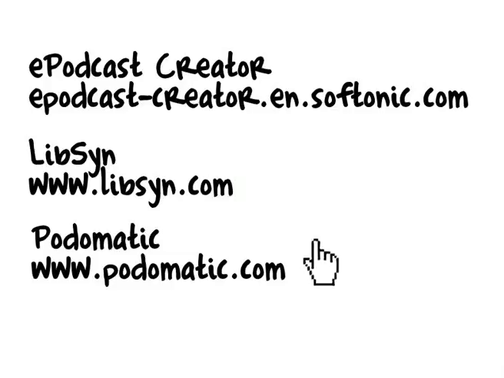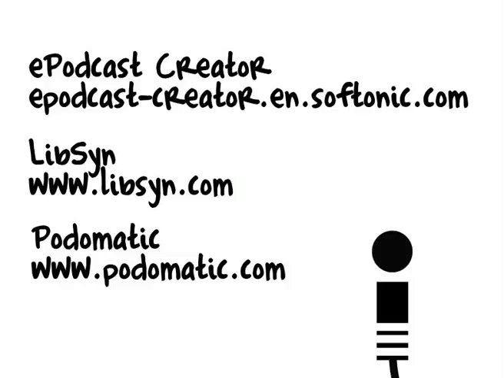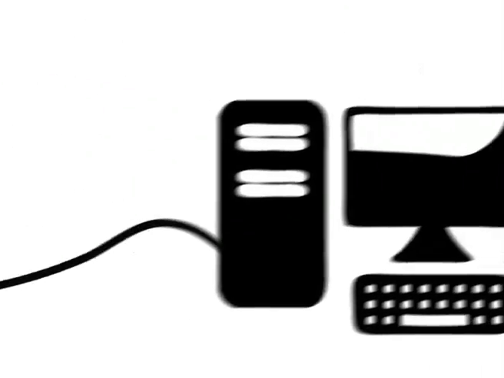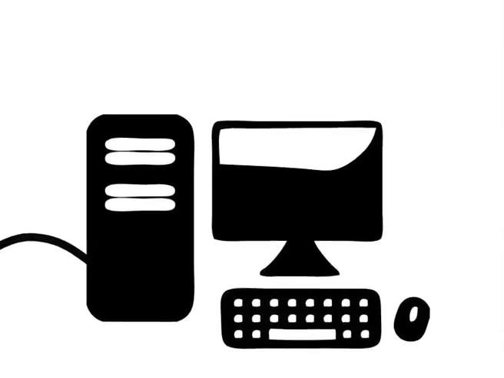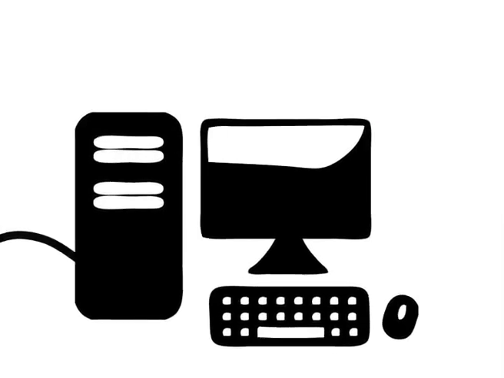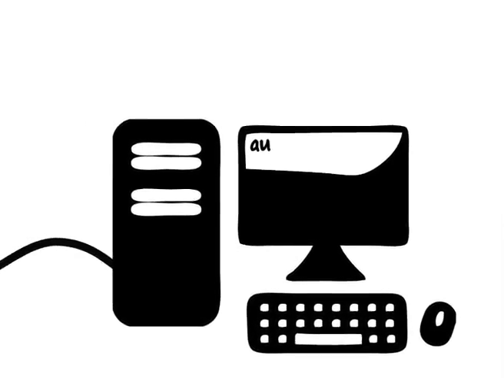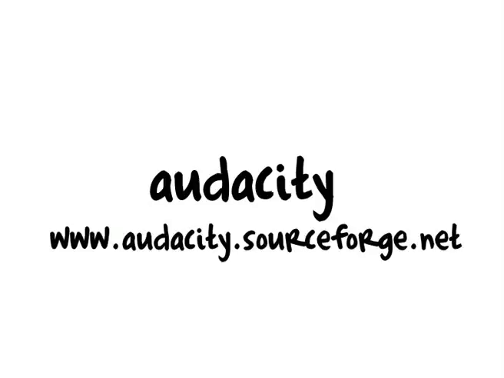Either way, when recording your podcast, it is important to get hold of a microphone and connect it to the relevant sockets on your computer. There are many programs to record this input, but a good choice is Audacity, which is free and works on both Mac and PC. You can download it at www.audacity.sourceforge.net.